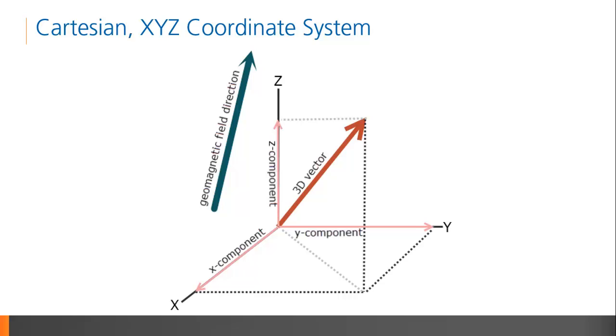Before looking at the scalar components of the magnetization vector, we'll discuss two coordinate systems. Here, we see the Cartesian or XYZ coordinate system. X is positive east, Y positive north, and Z is positive up. The XYZ system is independent of the Earth's inducing field direction.